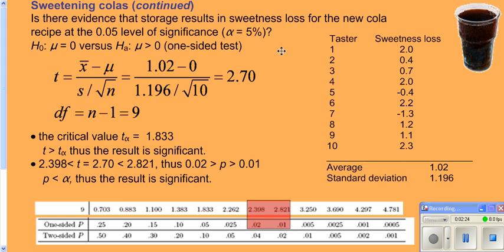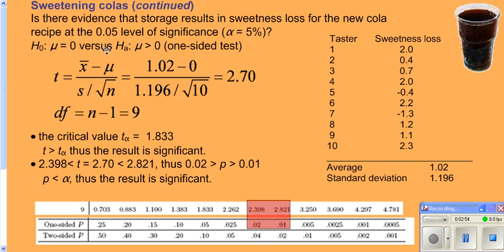So let's go back to our cola problem. Here we have our 10 cola drinkers or testers. We have the data. If you enter your data into your first list and do your one variable stats on it, you get your average and you get your standard deviation. We can then use our t-statistic formula, taking our mean, which is 1.02, minus our mu, which is 0.